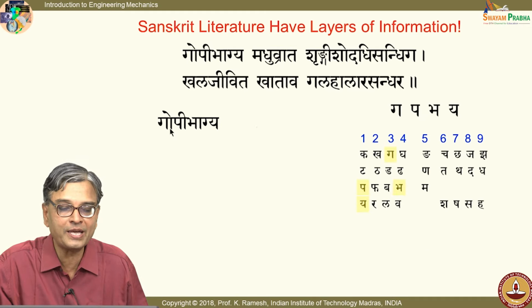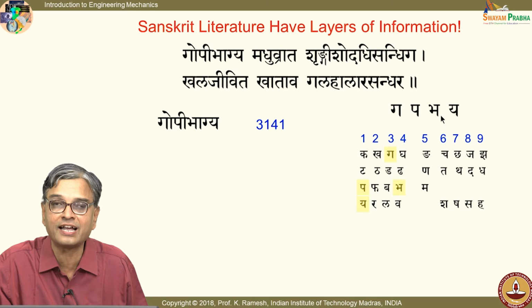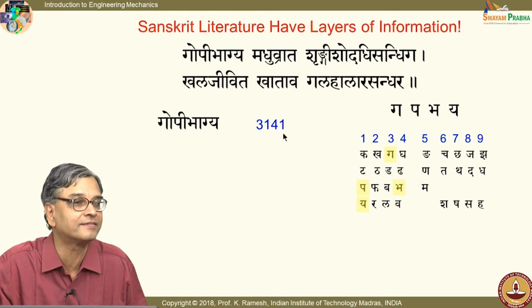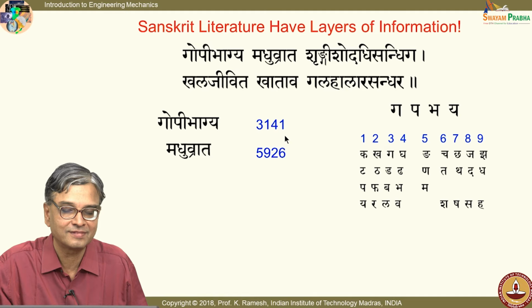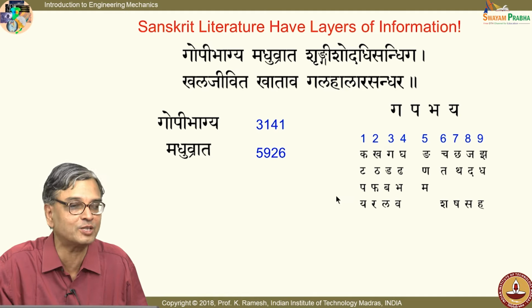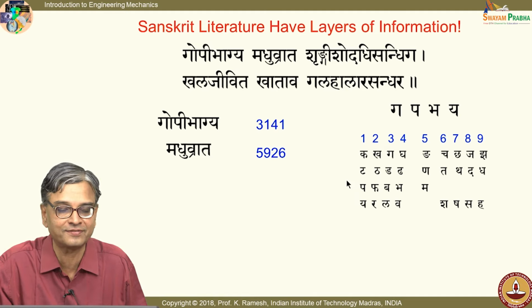When I say Gopi Bhagya, I can see that as the letters Ga, Pa, Bha, Ya, and these are the numbers given to them, and if you look at these numbers, I get 3141. And what is Madhuvrata? In a similar vein, you can find out what Madhuvrata is. It is 5926.